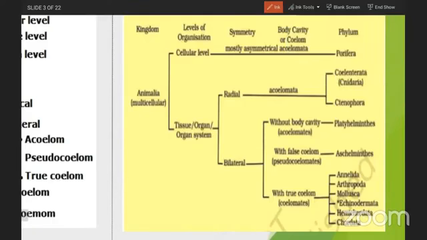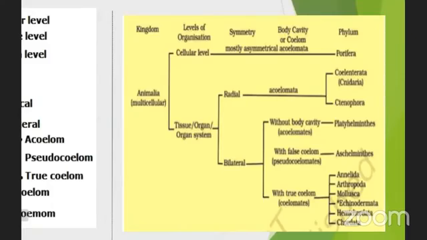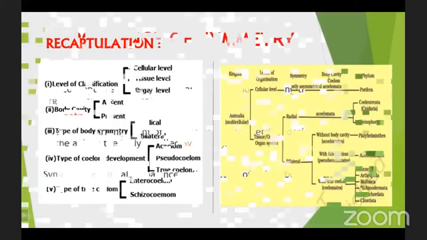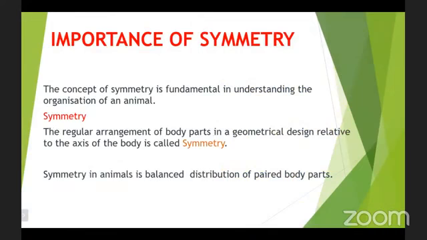Today we will go for the next topic, that is symmetry and coelom, which will be useful for organizing the animals. Now let us come to know about symmetry. What is the importance of symmetry?